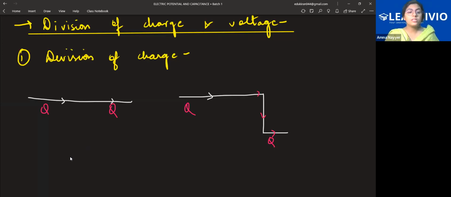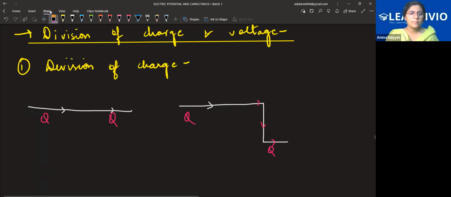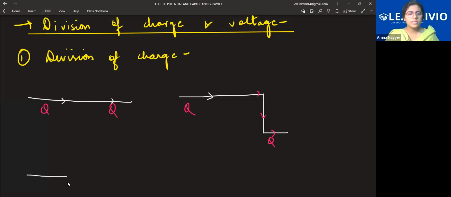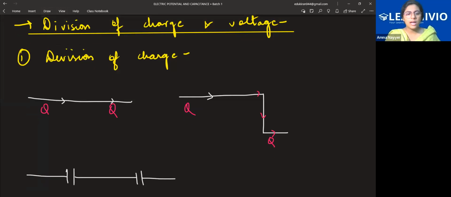Now, if I give you this example, look, suppose this is a capacitor which is present. It's coming here. One more capacitor is present like this. Now, here in our example, we were taking charge Q, which was coming. So capital Q is coming.